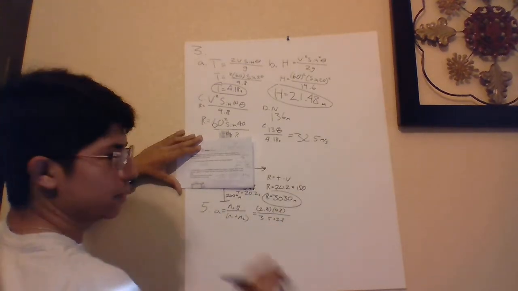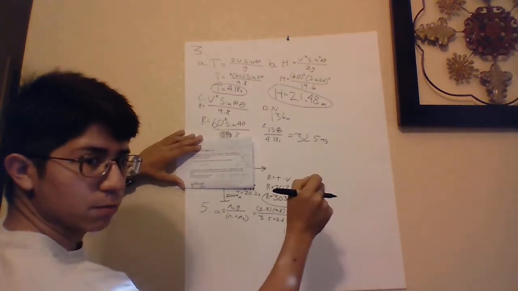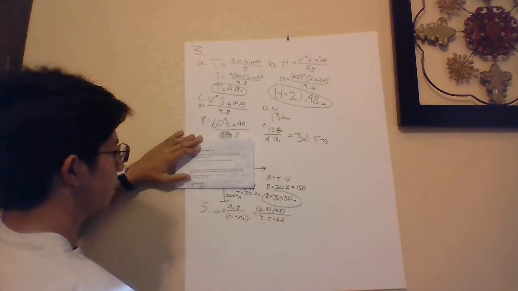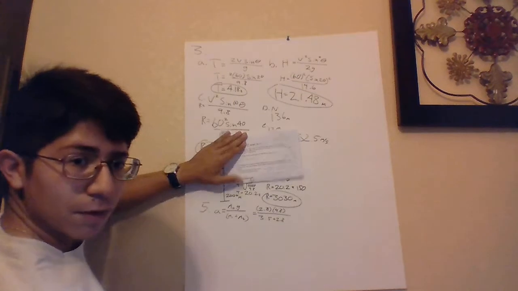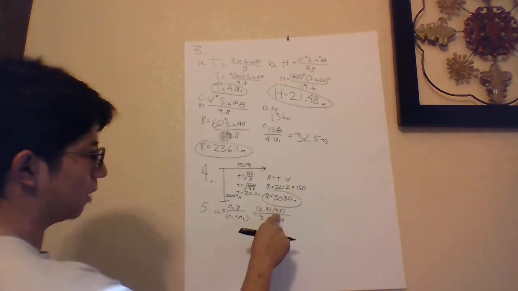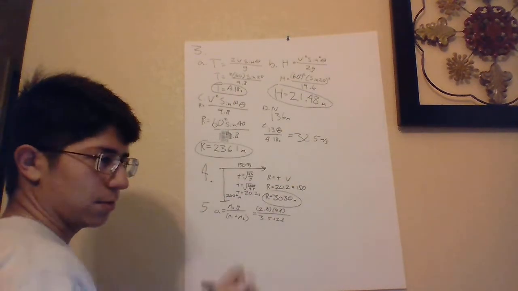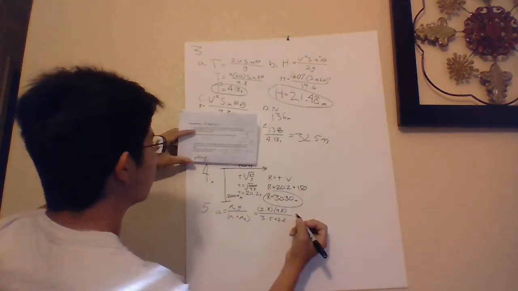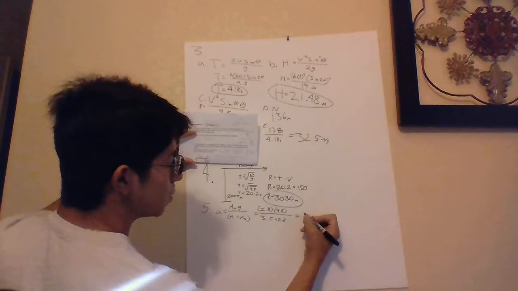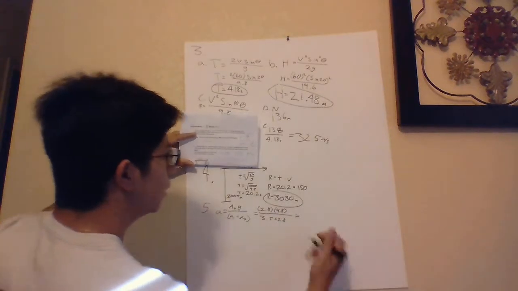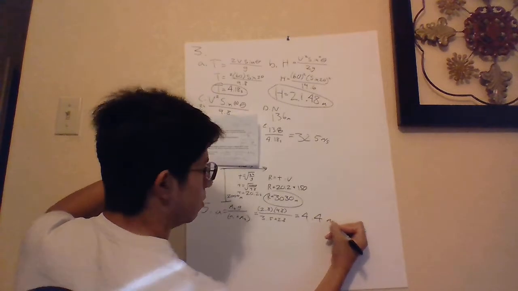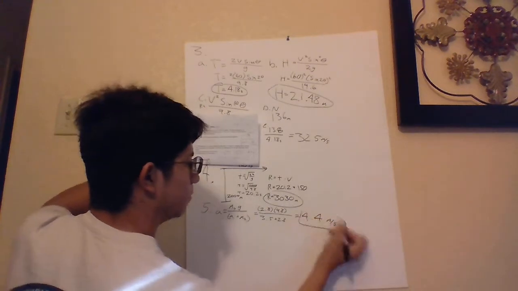So 2.8 is the mass of the smaller block that's falling, and 3.5 is the mass of the larger block. 9.8 is acceleration due to gravity. Plug it into the formula. The acceleration of the blocks as a total net acceleration equals 4.4 meters per second.